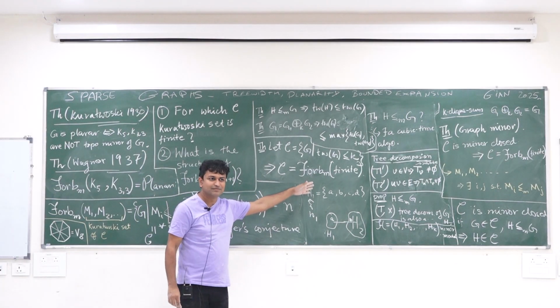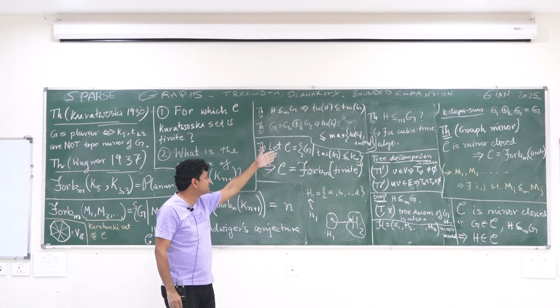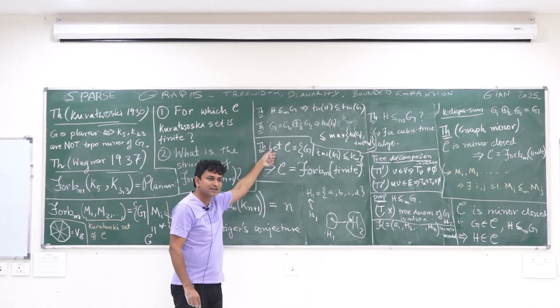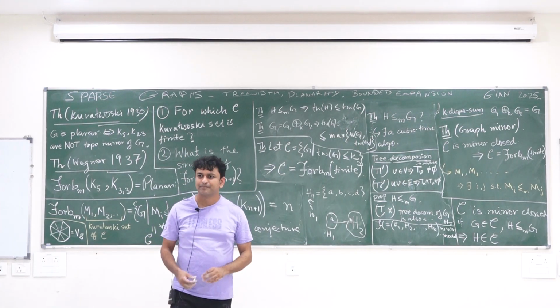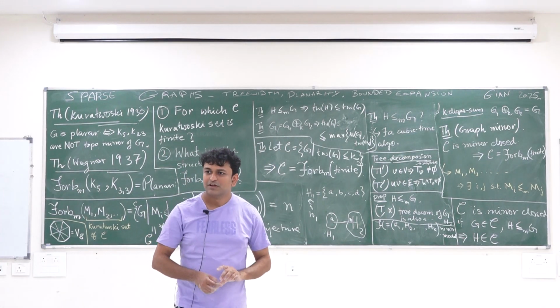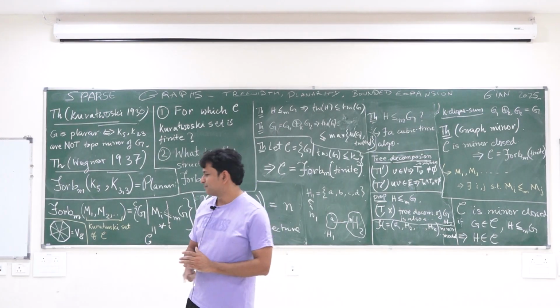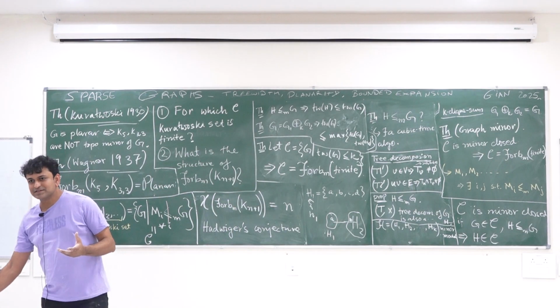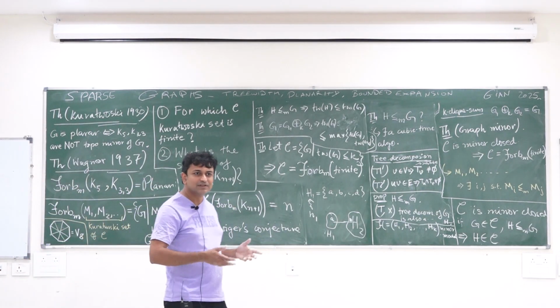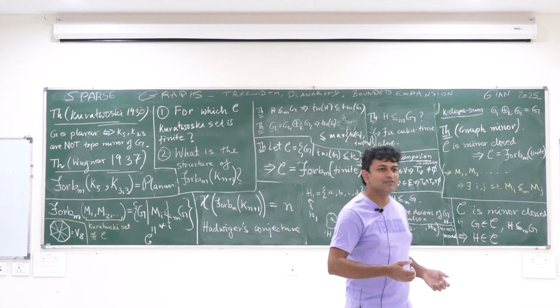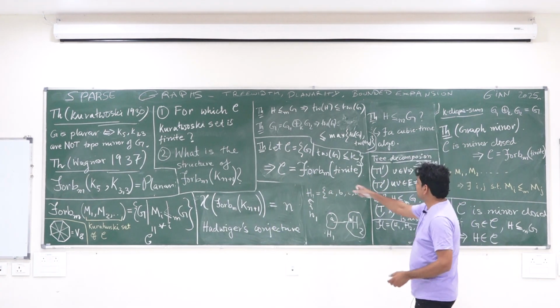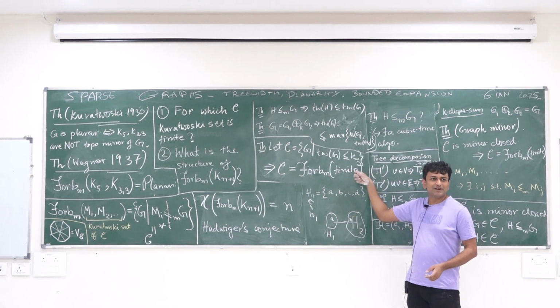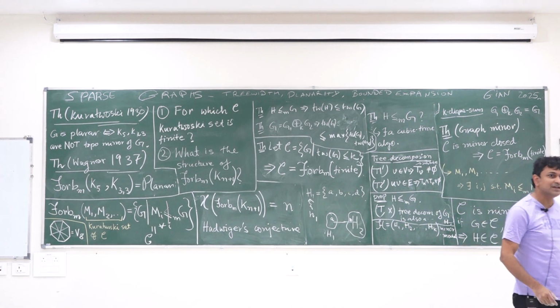If you forbid them, then you can exactly describe this class, because this class of graphs is minor closed. So that also means that you can recognize this class of graphs in cubic time. Well, cubic time times whatever this finite number is. Sometimes this number is very, very big, as you could see.